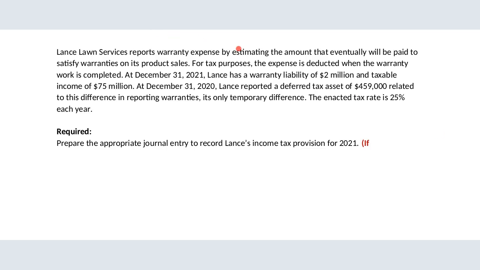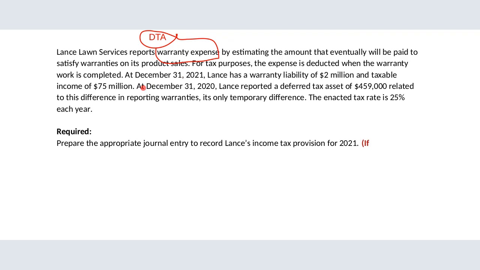So if you're going to have to pay more taxes, that's going to be a deferred tax asset. More coffee for me. So warranty expense, again, deferred tax asset, because we're going to pay more taxes, because for tax purposes, the deduction is not allowed until you have actual expenses.